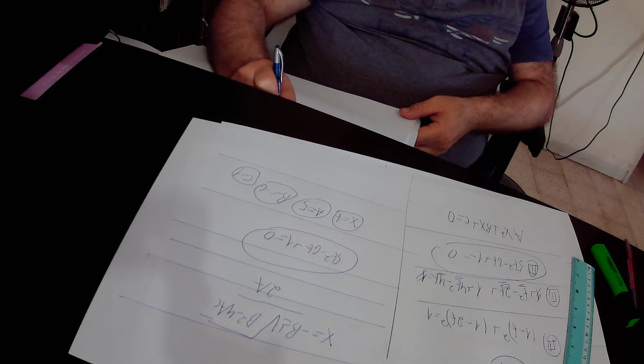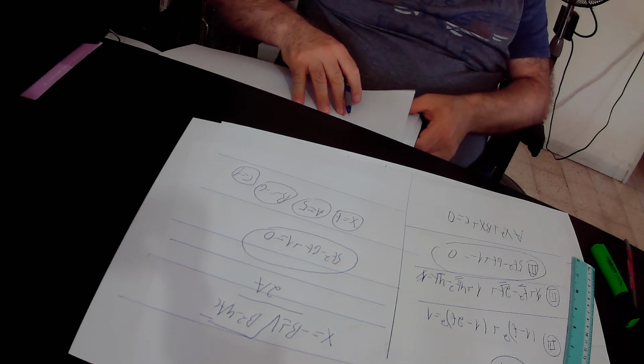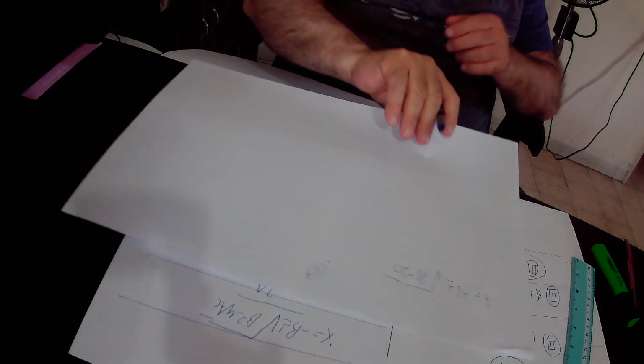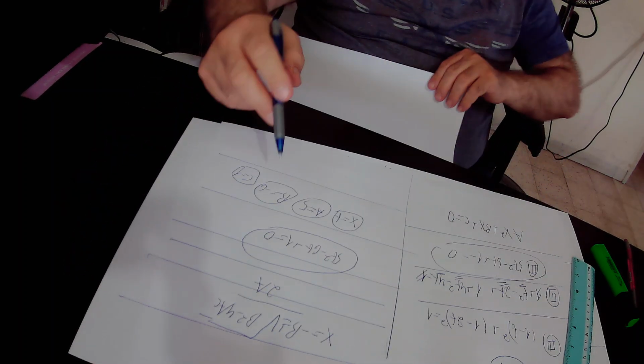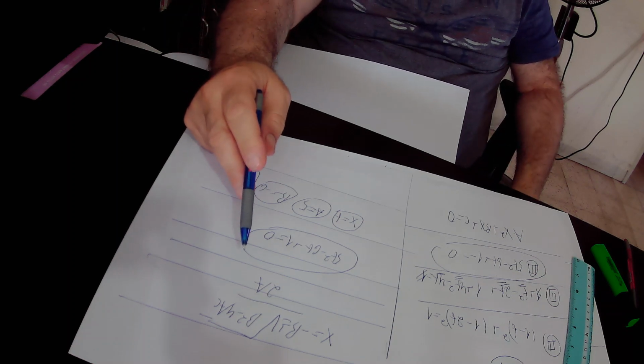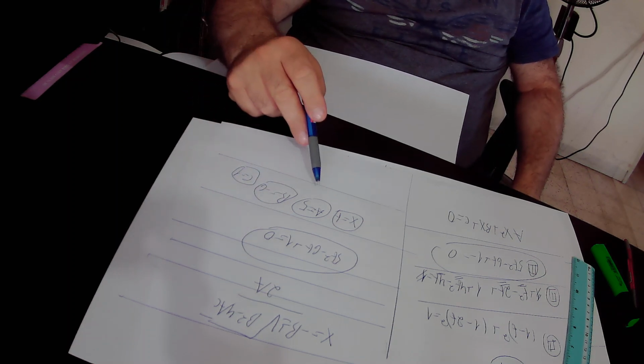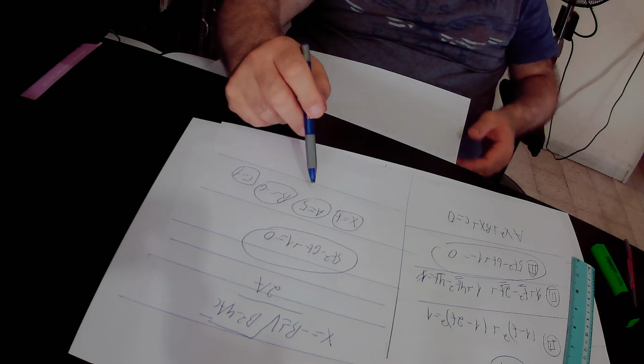So inside the root we have 36 minus 20 divided by 2a. a is 5, therefore 2 times a is 2 times 5, that is 10.